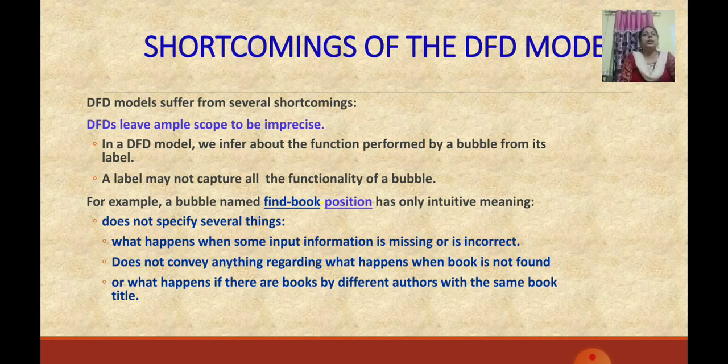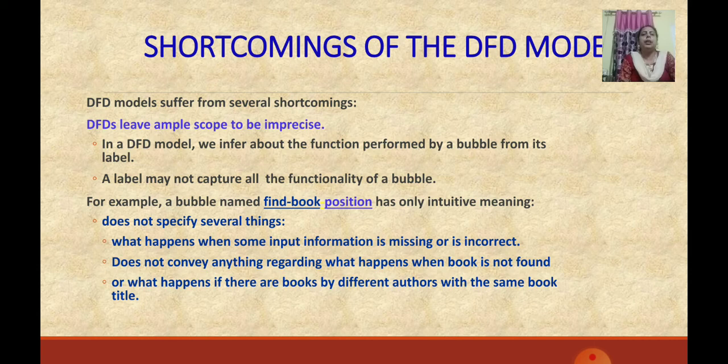Next, shortcomings of the DFD model. What are the drawbacks of DFD? The DFD model suffers from several shortcomings. DFD leaves ample scope to be imprecise. In a DFD model, we infer the function performed by a bubble from its label.